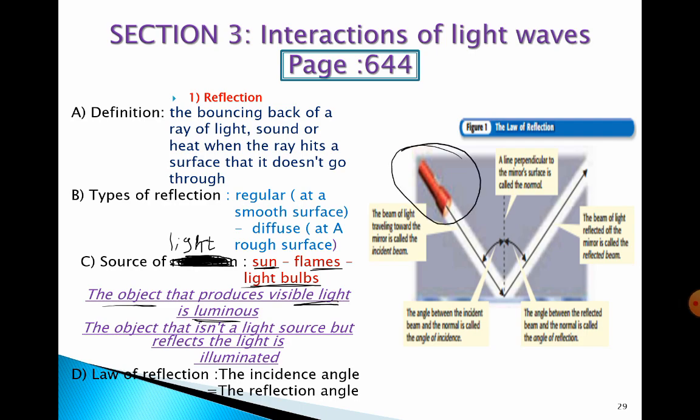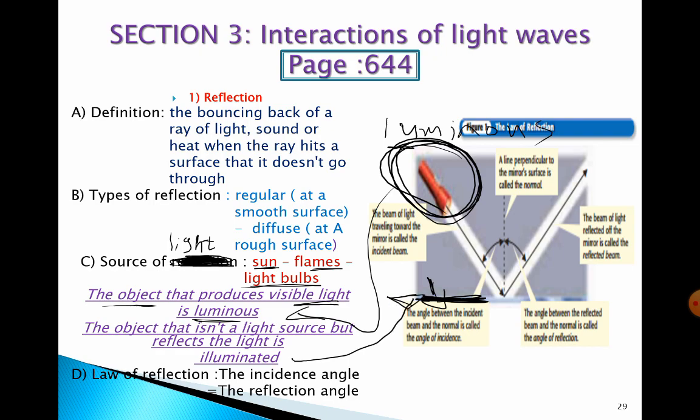The source of light is called luminous. Then the mirror is called what? I know this is called luminous, but this surface, this mirror, is called illuminated.